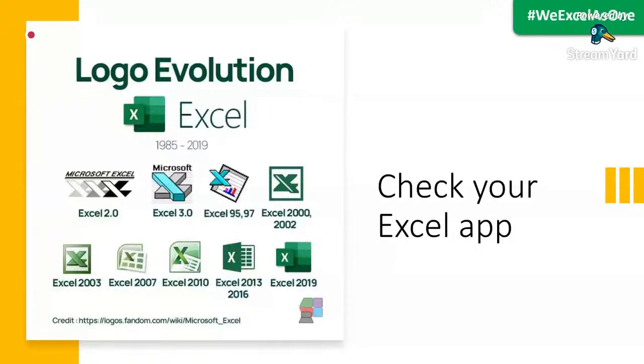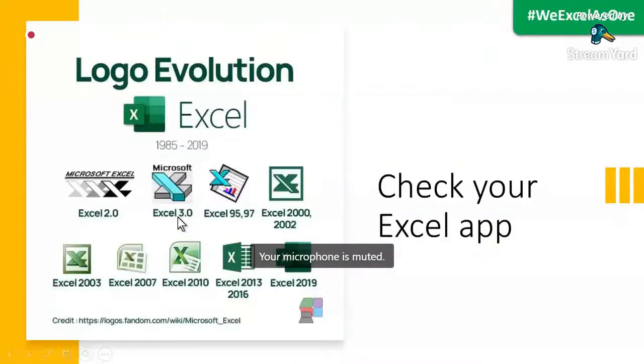So with that Excel 365 account, you can already install your desktop application using the account and see to it that you have fully installed the desktop applications by checking on the logos. So maybe you are still using Excel 2.0, Excel 3.0. So that is the important part there, why we have to consider the latest logo of Excel 365.